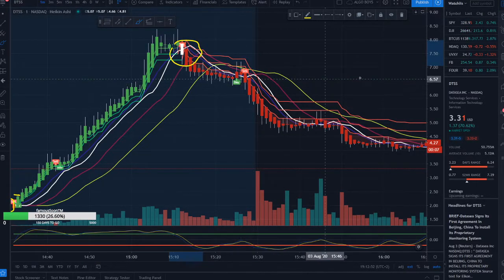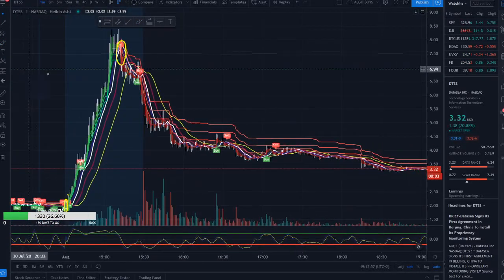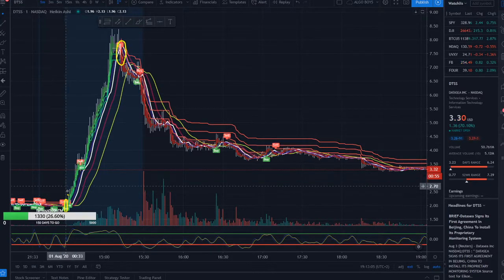So let's see what type of risk to reward we will get by shorting it. Because as you can see, right after we got the exit confirmation, the price dropped more than 50%. So you can also make money from the price going up, but also a lot of money from the price going down. So it works in both directions.